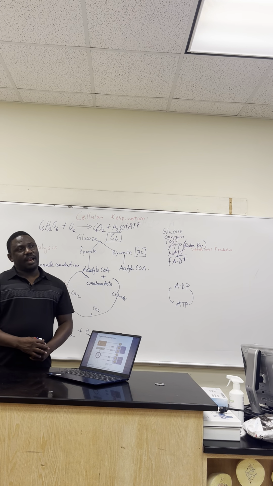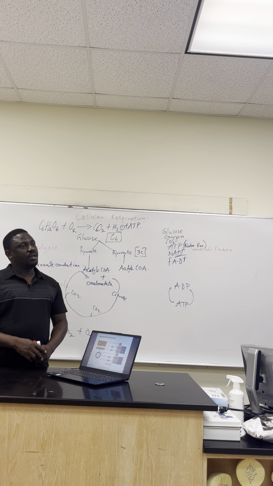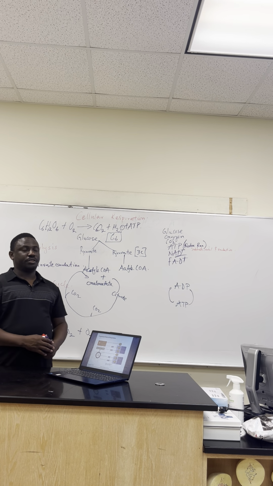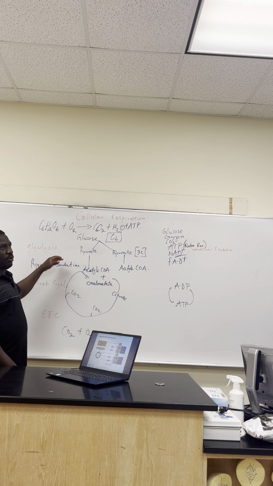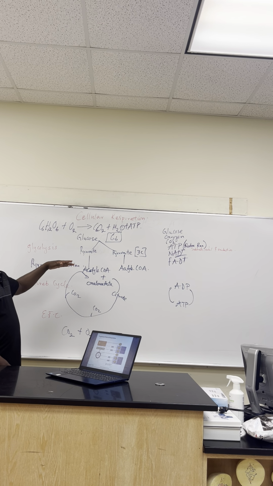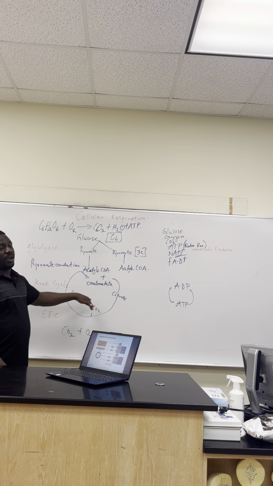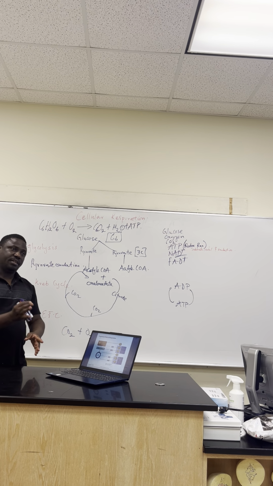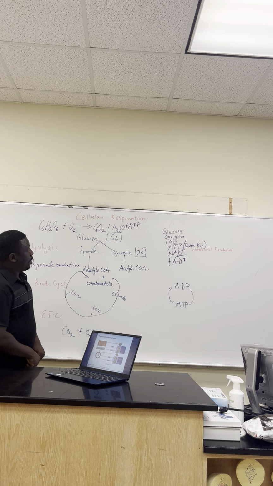Glycolysis occurs within the cytoplasm. The remaining steps occur within the mitochondria. The first one occurs within the mitochondrial membrane. The citric acid cycle occurs within the matrix of the mitochondria, and the electron transport chain occurs within the cristae, the interior part of the mitochondria.